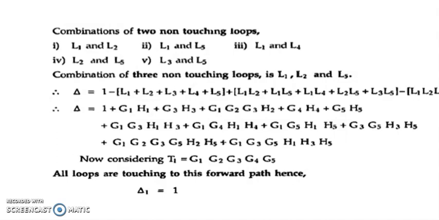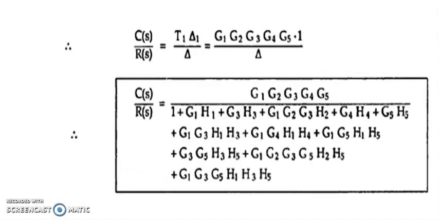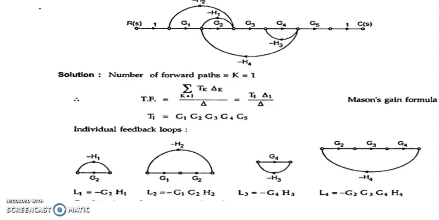So now if I want to find T1, delta 1 is equal to 1. So what is the overall transfer function? T1 delta 1 by delta. So G1, G2, G3, G4, G5 by delta. By substituting equivalent values of delta, I can obtain the overall transfer function.